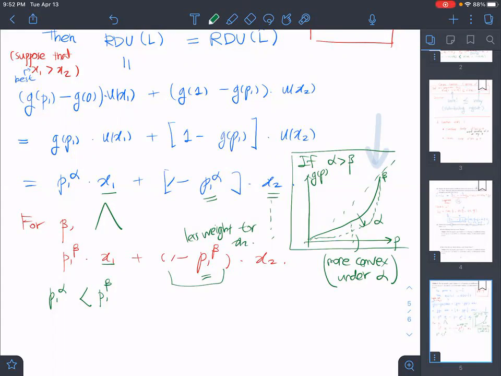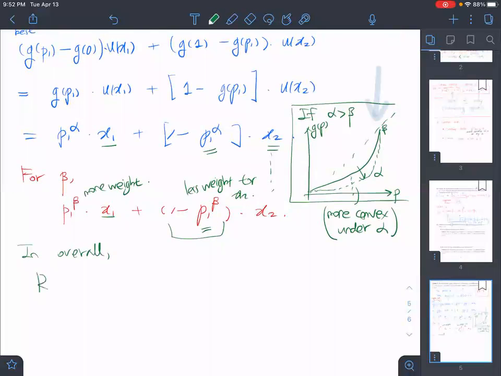And then we have more weight for x1. So overall, RDU of beta is larger than alpha. Okay.